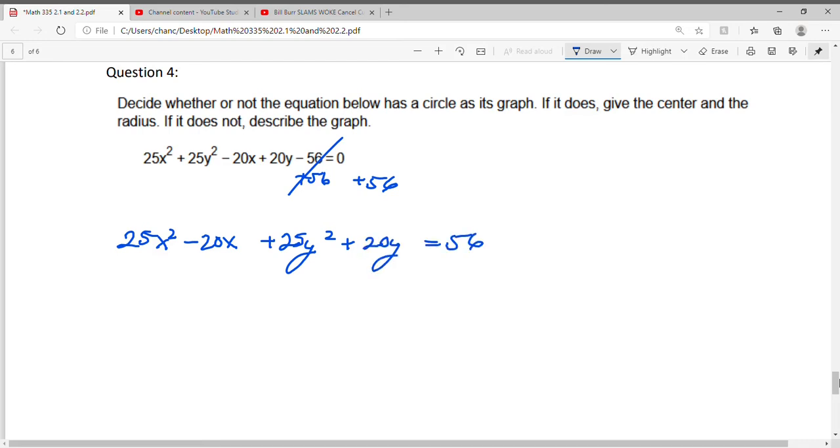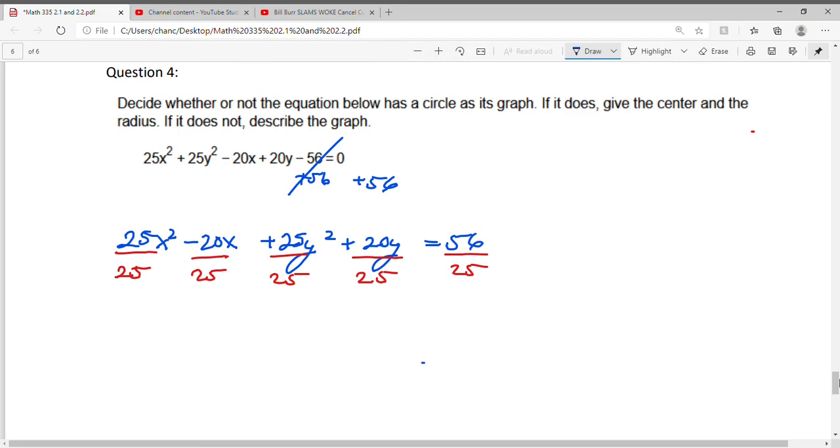Now we want to complete the square twice, but there's a problem. There's a 25 in front of the x squared and in front of the y squared. Let's divide every single term by 25 so that we can get rid of the 25 in front of the x squared and in front of the y squared.